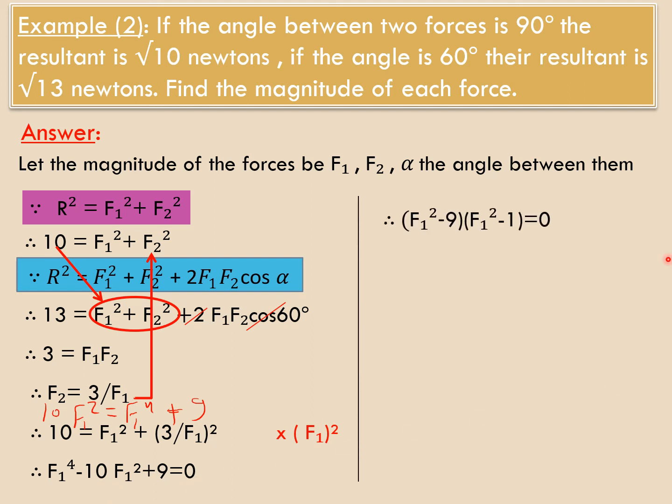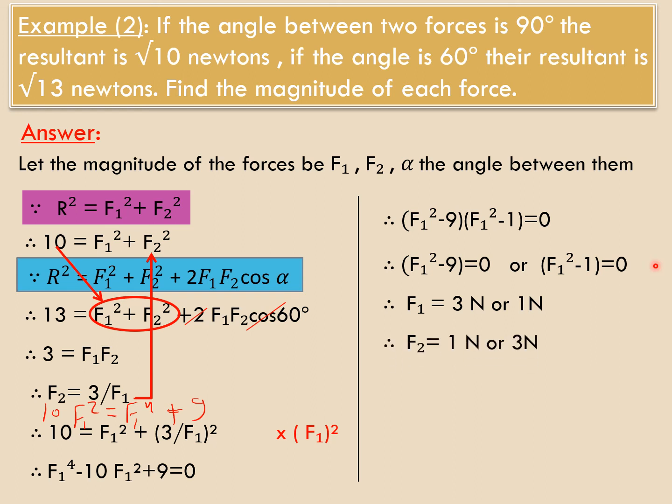By factorizing, F1 power 2 minus 9 times F1 power 2 minus 1 equals 0. So F1 power 2 equals 9, so F1 equals 3, or F1 power 2 equals 1, so F1 equals 1 Newton. By substituting F1 in F2 equals 3 over F1, you will find F2 equals 1 or 3. So the two forces are 3 and 1.